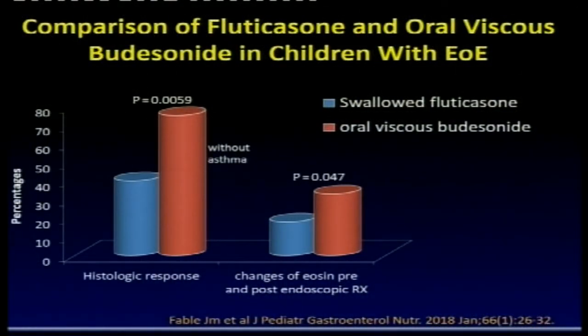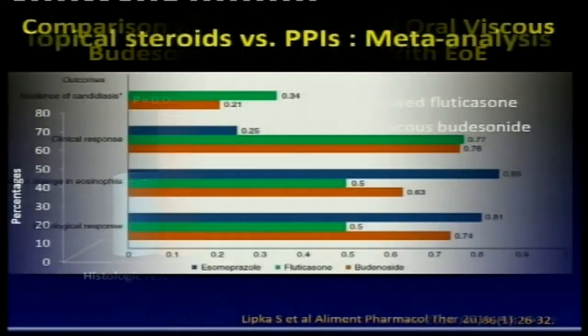More recently, they found that oral viscous budesonide is better than swallowed fluticasone, whether you give it in fecals or others. And more recently, we have budesonide orodispersible tablets. They put it under the tongue and it dissolves and becomes viscous. They found more histological response and more change in eosinophil counts pre- and post-endoscopy.